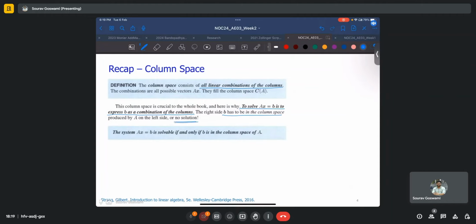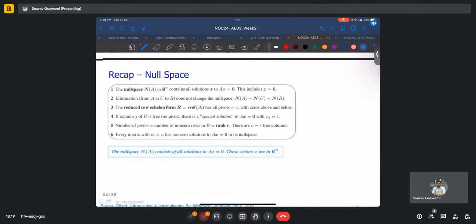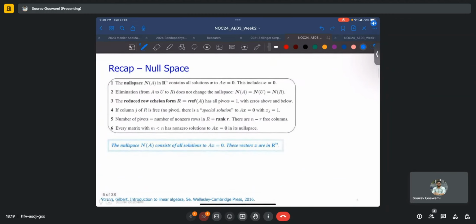So the system Ax equals b is solvable if and only if b is in the column space of A. This can be used as a test before we actually get down to solving a system. We check whether b lies in the column space or not, and if it can be easily seen that b does not lie in the column space, then we need not even look for a solution because, well, it does not exist.